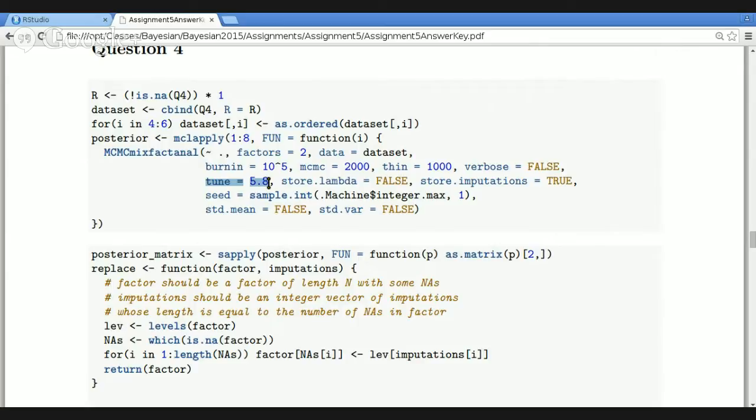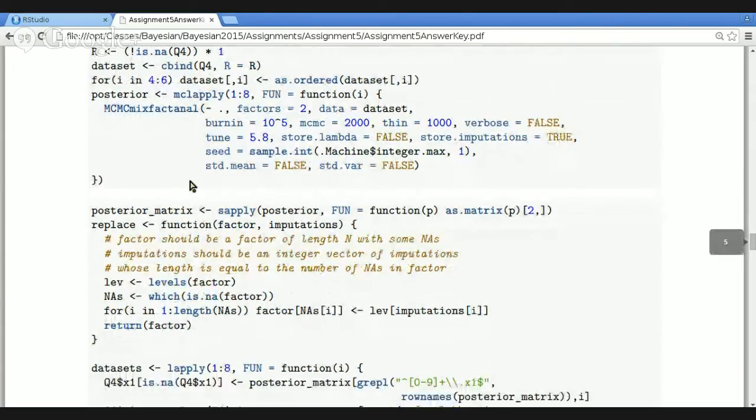Otherwise, MCMCpack will consider the 1s and 0s to be real numbers and give you real imputations rather than integer ones. Also, in this case, you needed a pretty different tuning parameter relative to whatever we were using last Friday in order to get the Metropolis acceptance rate of the cut points for the ordinal variable to be around 20% or so. But you could fiddle around with that to get pretty reasonable acceptance rates.